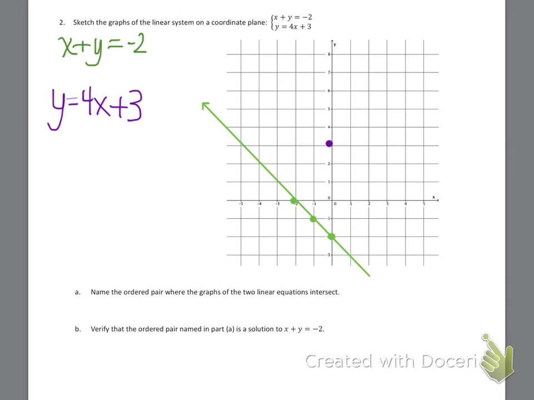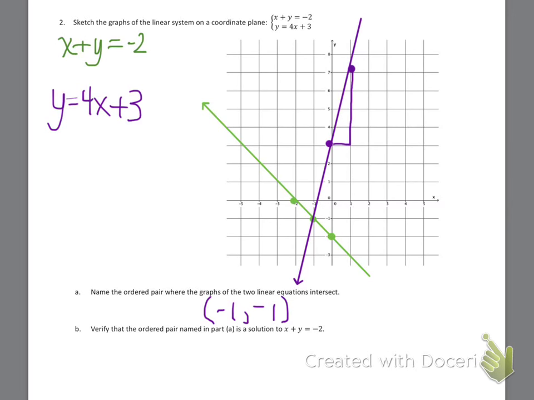So to get our next point, we would go over 1 and up 4. It's a fairly steep slope. And so another point would be right there. And then we can draw the line. Once we have 2 points, we're able to draw a line. Okay, so it looks like those two are intersecting at the point (-1, -1).